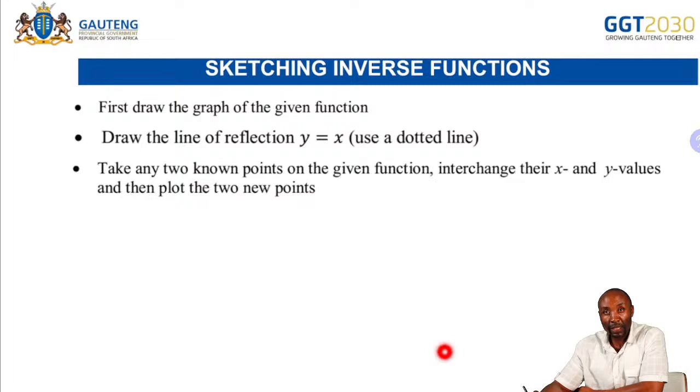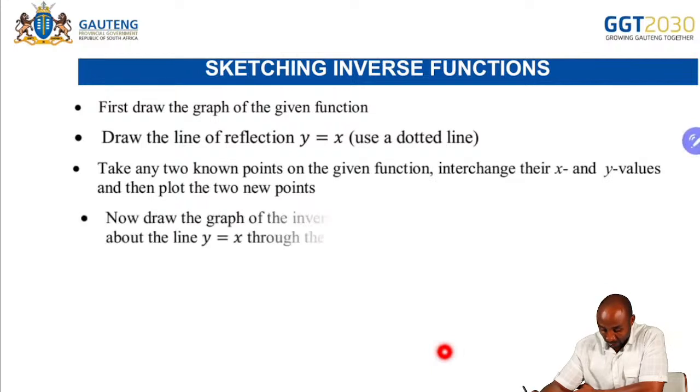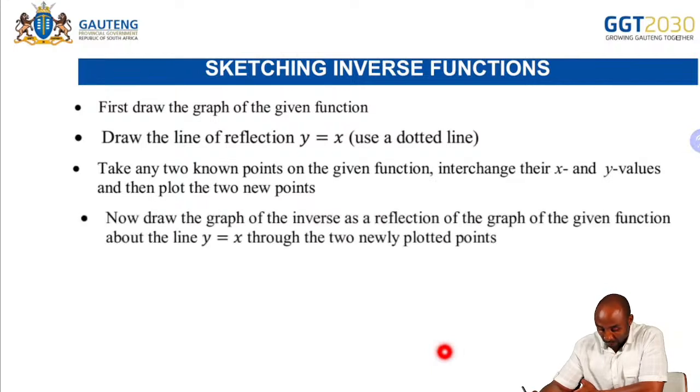We interchange the x and y values and then plot the 2 new points. Now, you draw the graph by joining the points that you have plotted and you reflect them along the line y is equal to x, our mirror line or our reflection line.